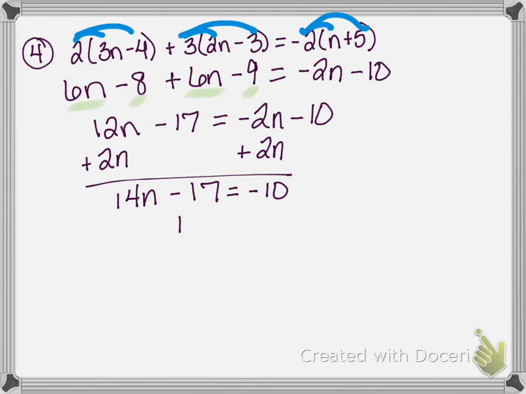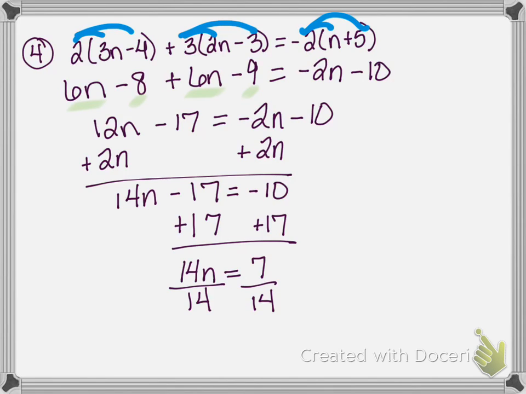I am going to add 17 to both sides, and I have 14n equals 7. I'm going to divide both sides by 14, and I've got n equals 1/2.